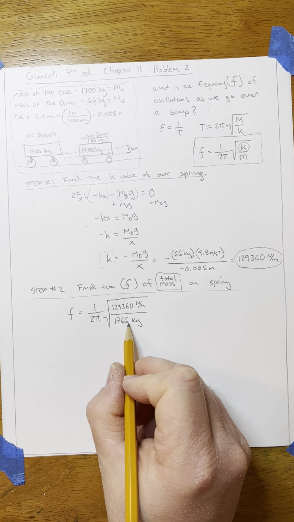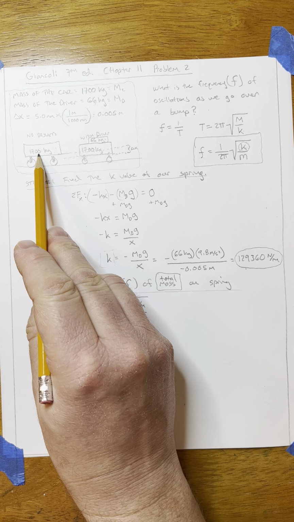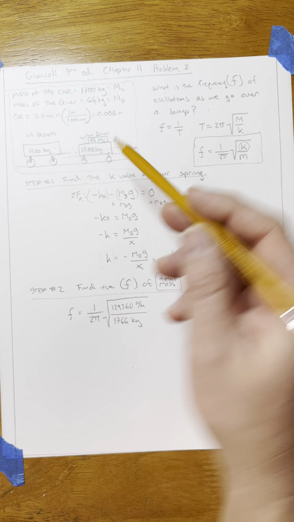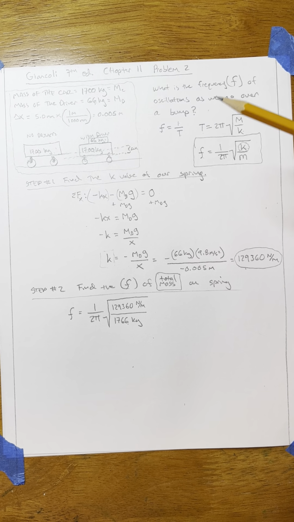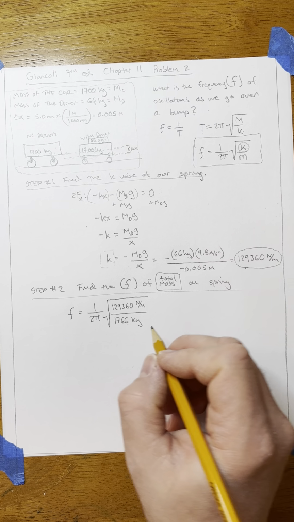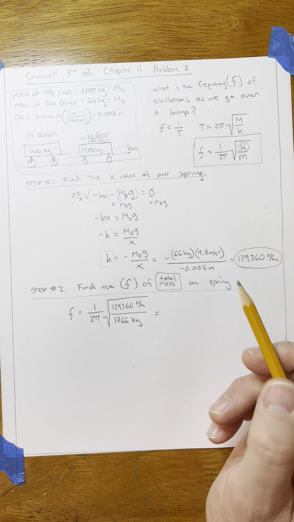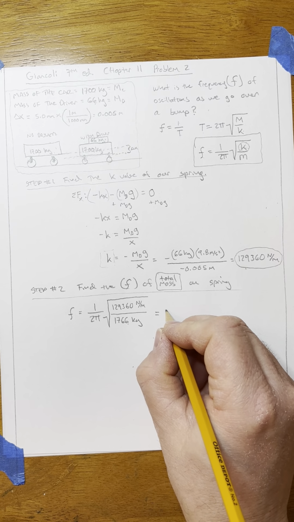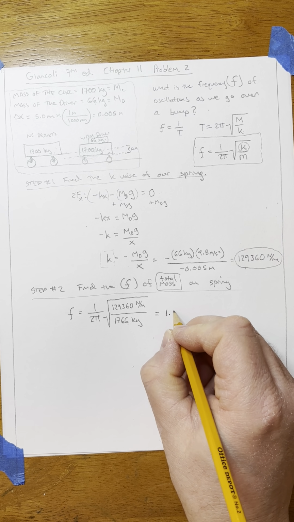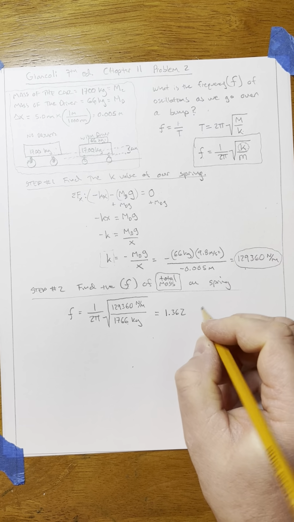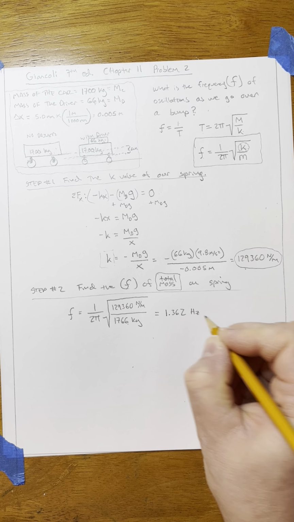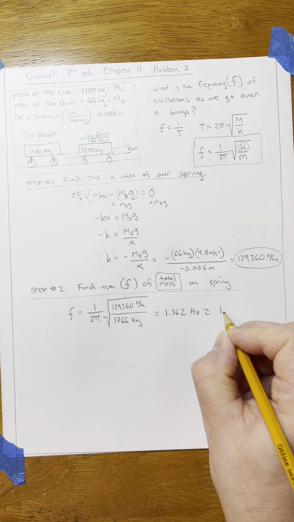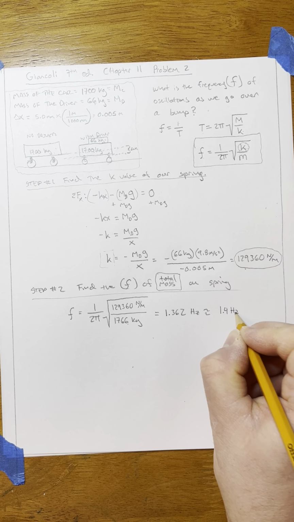Note I'm using the total mass, the 1,700 kilograms of the car and the 66 kilograms of the driver all combined together, because this is what's going to oscillate up and down as we move along. And if you plug this into your calculator, you should come out with an answer of 1.362 hertz, or oscillations per second, which is approximately 1.4 hertz.